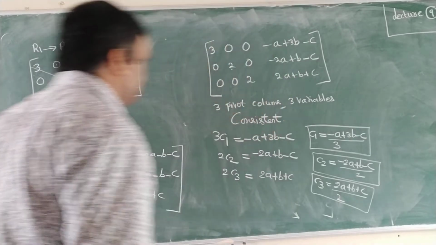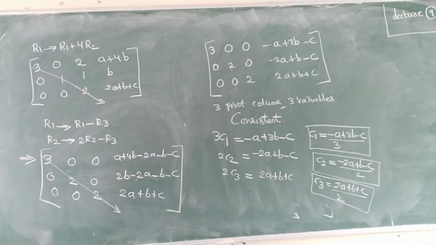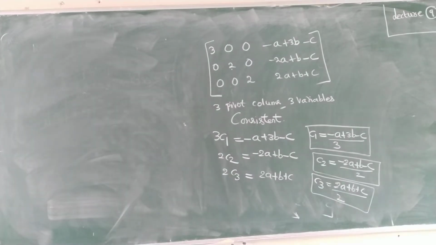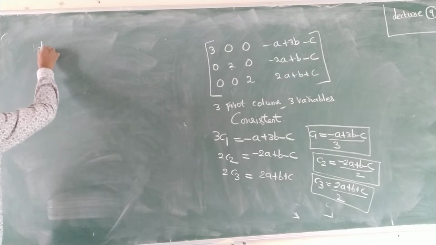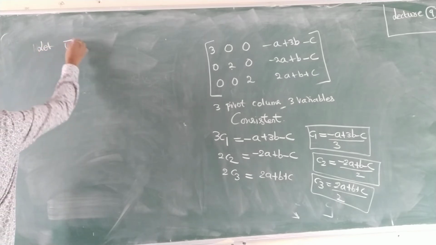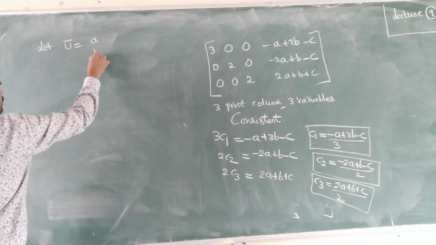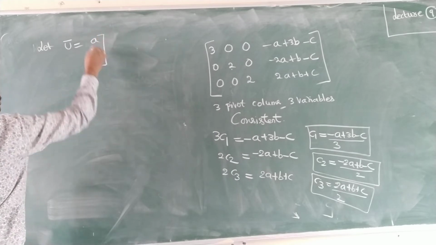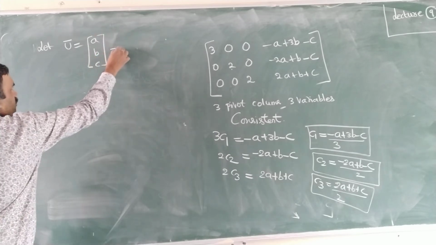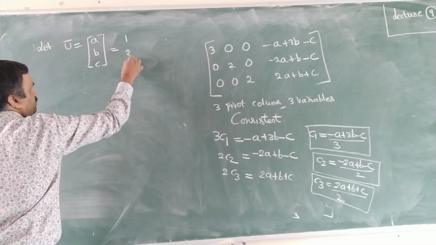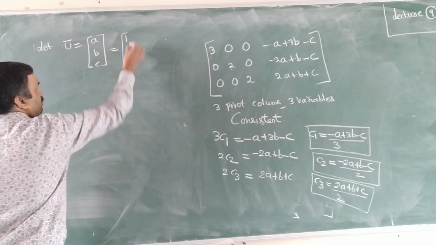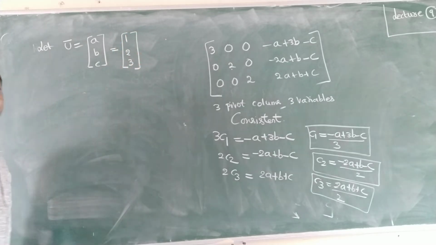Let us consider U bar equal to (A, B, C) as (1, 2, 3), considering A value as 1, B value as 2 and C value as 3.